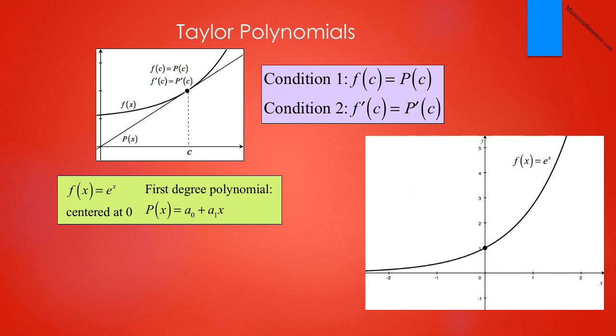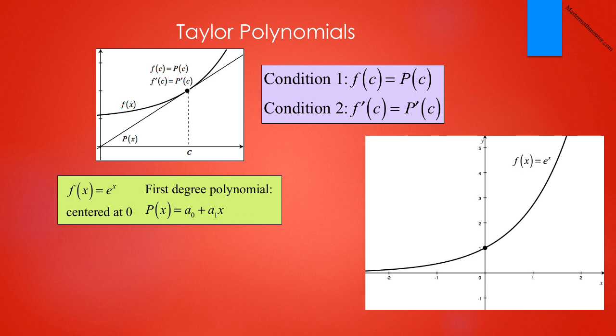Let's see an example of this. We have a function f of x equals e to the x, and we would like to find a first degree polynomial function p of x that will be a good approximation for f of x, where we will center it at x equals 0.